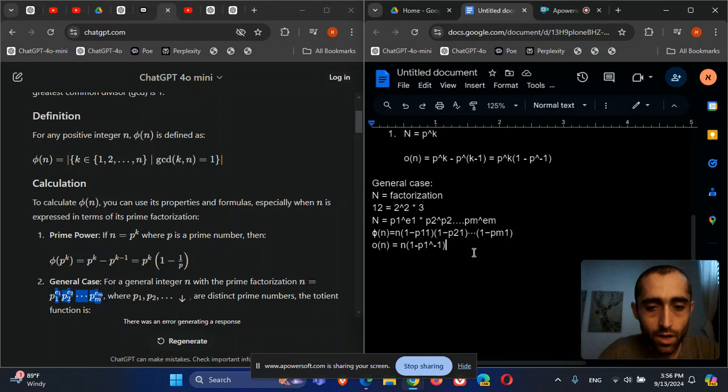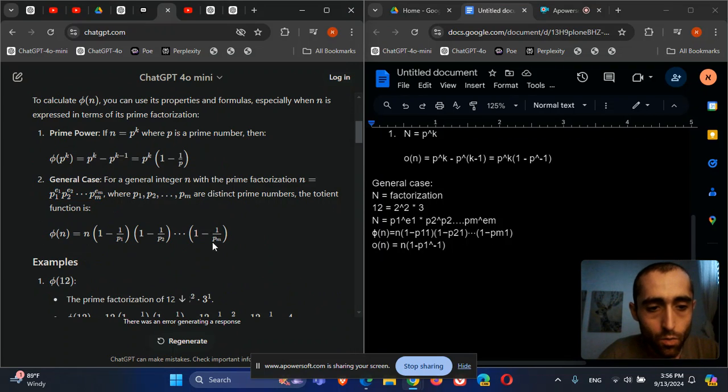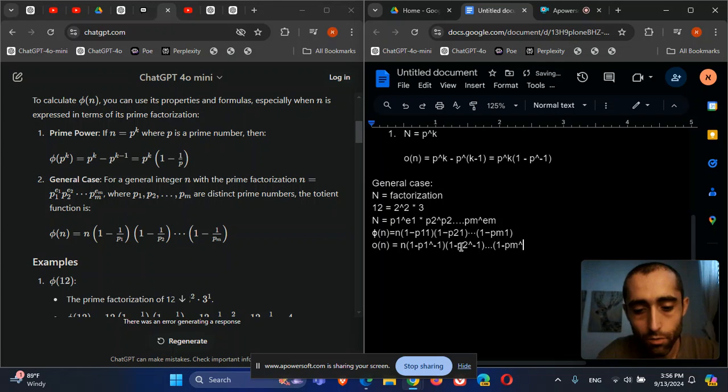So I take n times (1 minus p1) to the power of minus 1, times (1 minus p2) to the power of minus 1, etc., until (1 minus pm) to the power of minus 1. Okay, this is the Euler phi function.